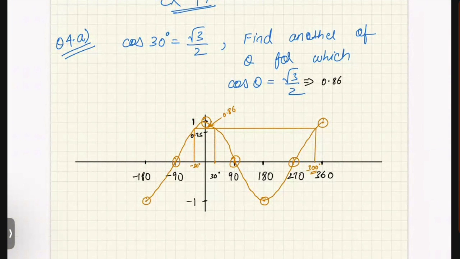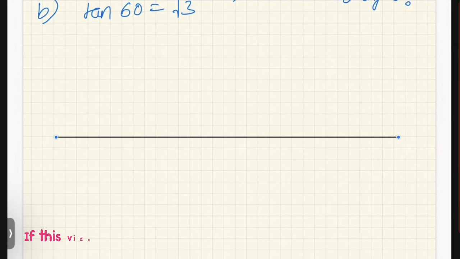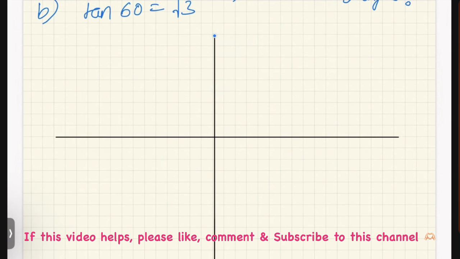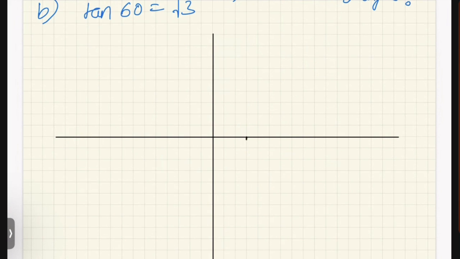Any doubts? You still take 3 blocks, so 90, 180, 270, 360. Minus 90, minus 180, minus 270, minus 360. Okay, let's fix this.